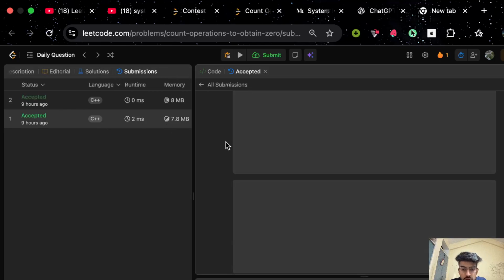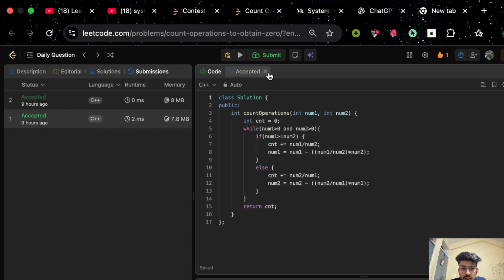But the second solution is a more optimal and good solution. What I'm doing here is using a while loop, and this while loop will break when any one of these two numbers becomes 0.